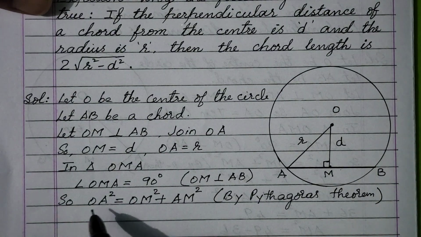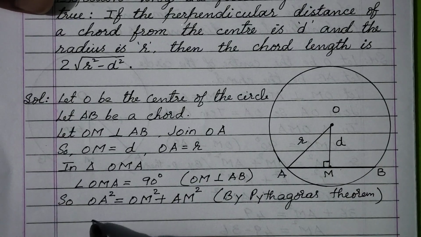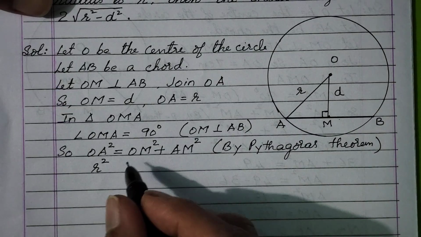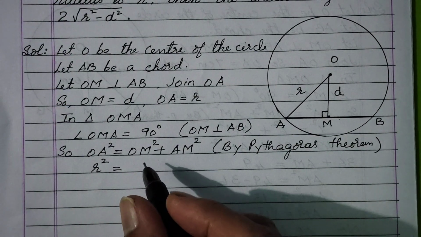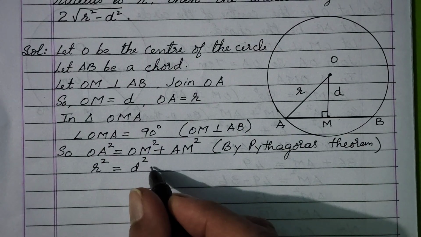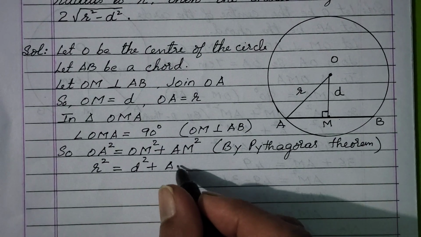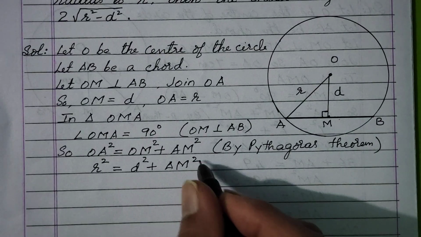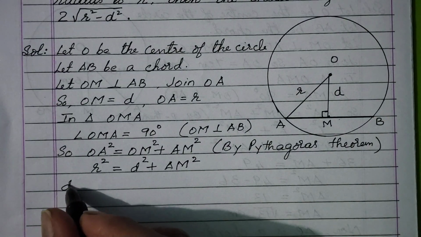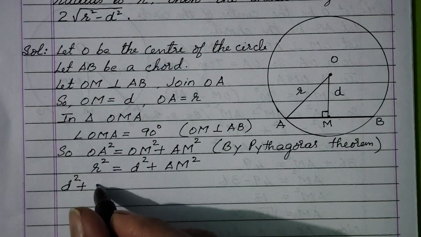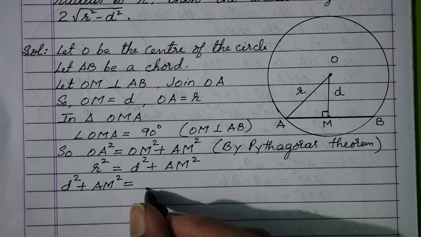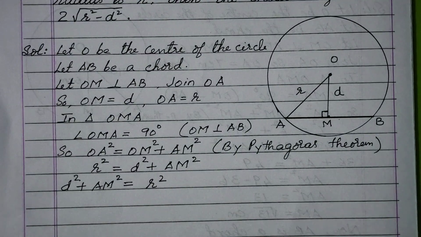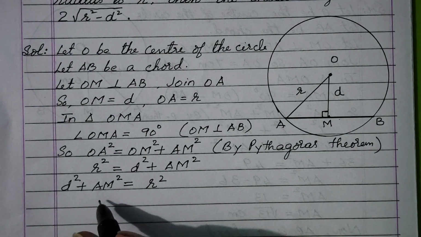Now, what is OA? OA is r. So r square will be equal to OM. OM is d. d square plus AM square. I will write the equation like this. d square plus AM square is equal to r square. Transpose d square to the right side.